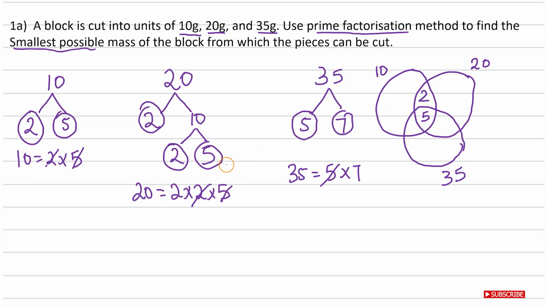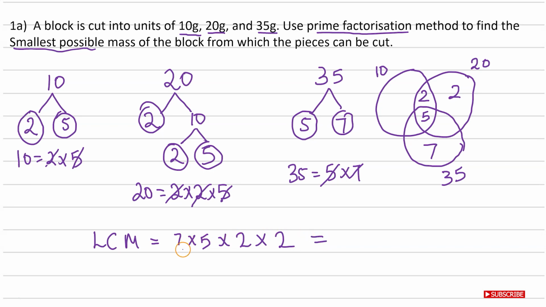And then 20 has a 2 on its own, so I'm going to put that outside there. And then 35 has a 7 on its own, so that goes there. Now to find the lowest common multiple, you need to multiply all the numbers in the diagram. So I'm going to do 7 times 5 times 2 times 2.